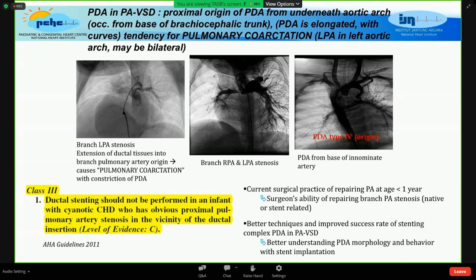the capability of our surgical colleagues, that they can repair the PA even at less than 1 year of age. And also with better techniques of PDA stenting, especially in complex PDA, we can stent almost all types of PDA depending on institutional practice.